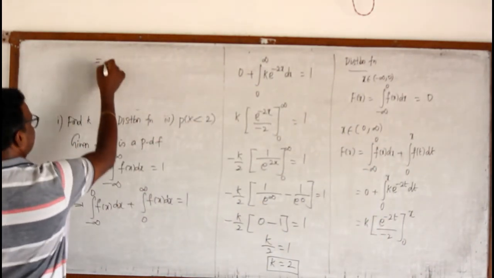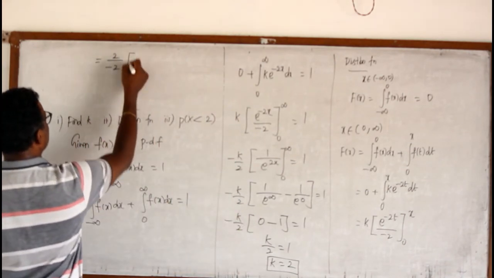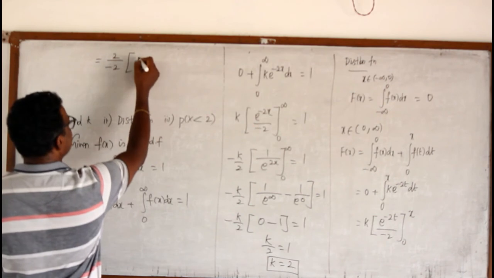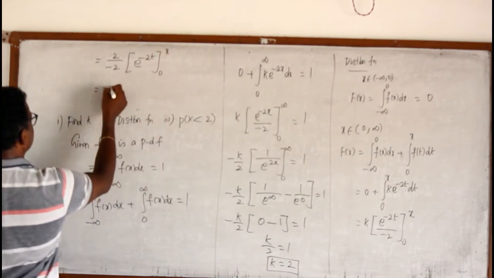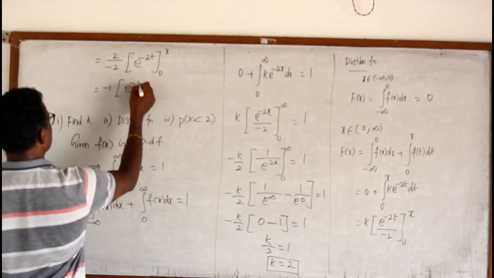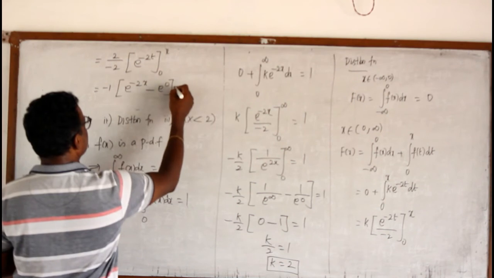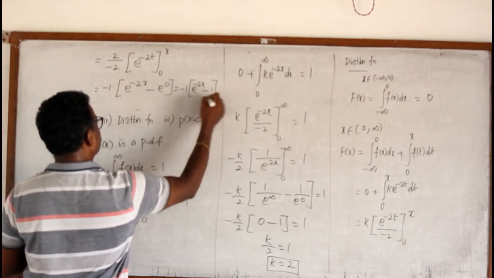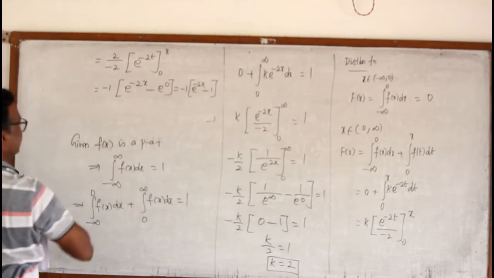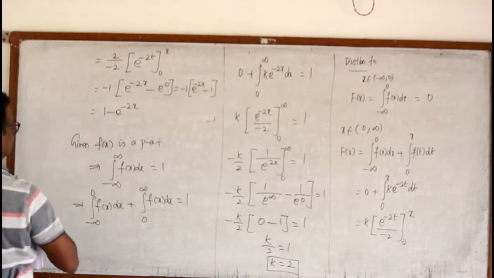Therefore, we know the k value is 2. So 2 by minus 2, e power minus 2t, from 0 to x. It is minus 1 into, when you apply the upper limit, e power minus 2x, minus e power 0. It is minus 1 into e power minus 2x minus 1. So when I take the minus sign inside, it is 1 minus e power minus 2x.